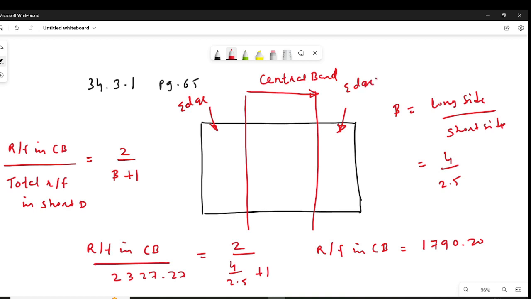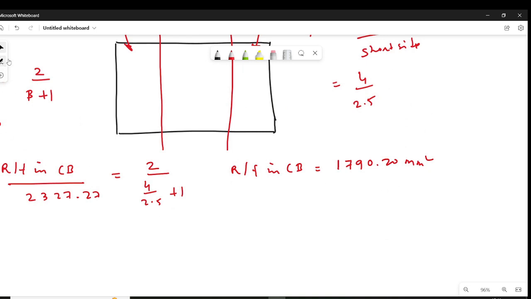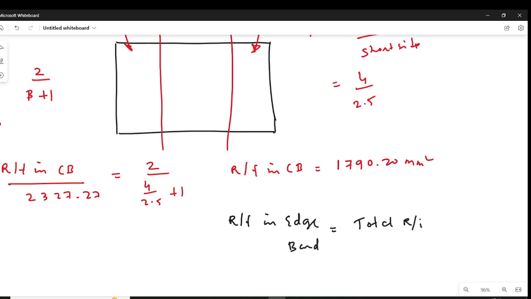These are called edge bands. Whatever reinforcement is remaining should be provided in the edge band. So again we have to calculate what will be the reinforcement in the edge band. Reinforcement in the edge band equal to total reinforcement minus reinforcement in the central band.